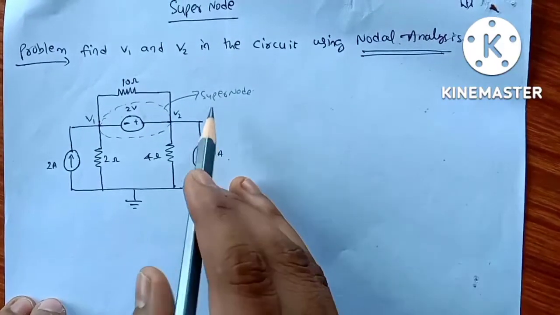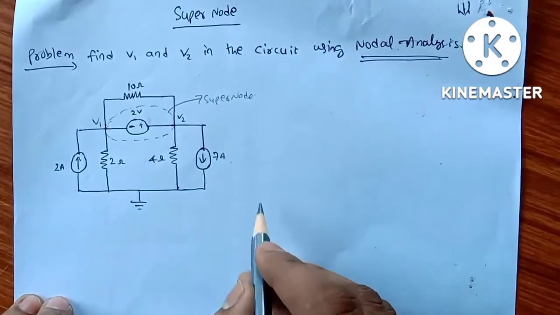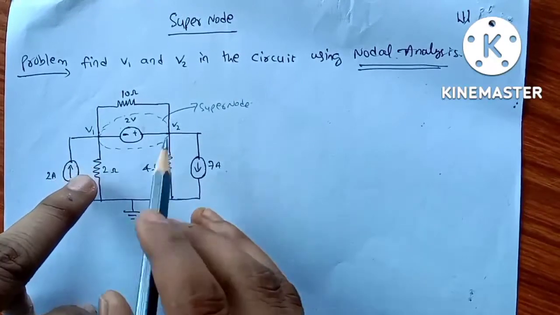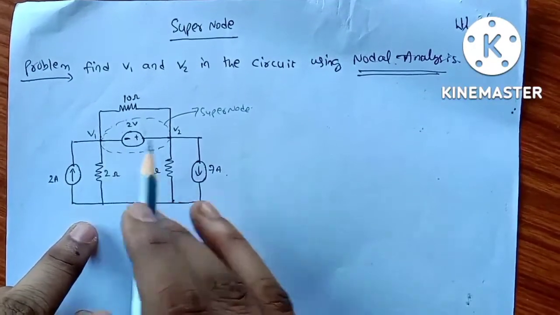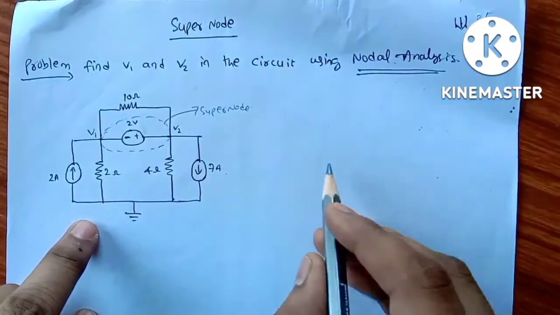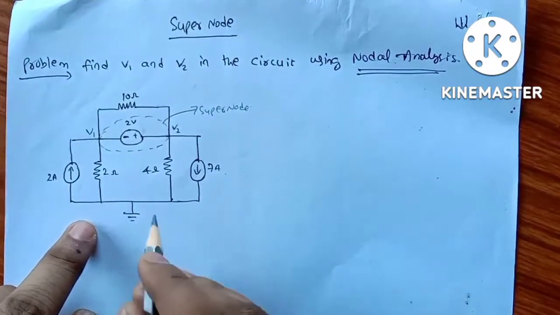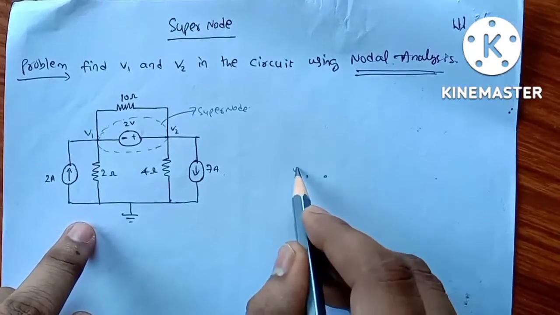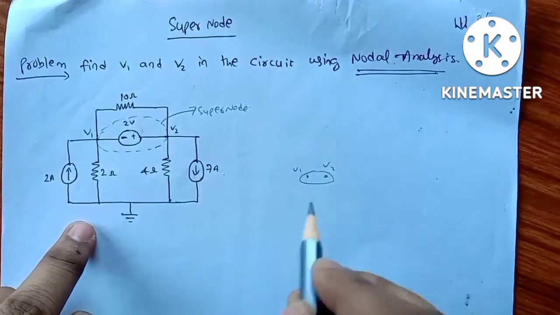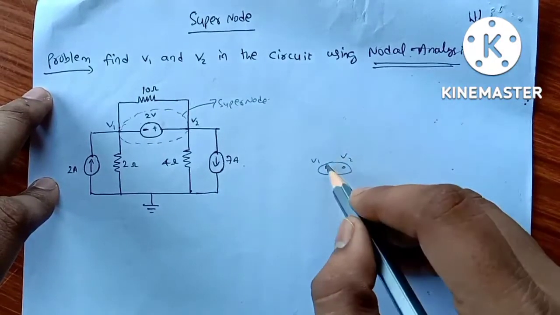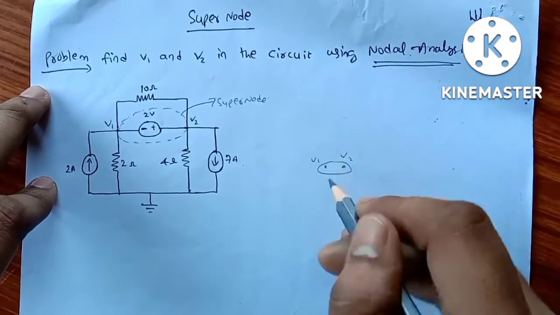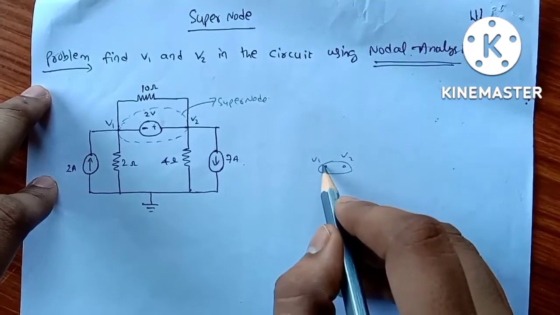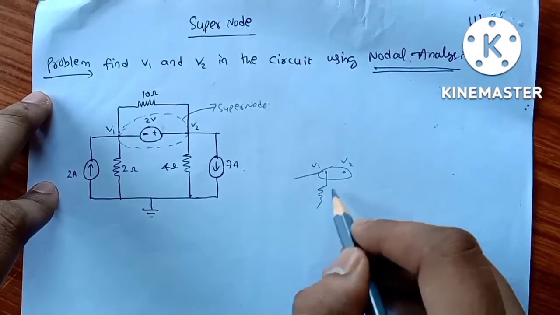Here this supernode is named, with V1 and V2 taken as a single node, such that we are tying V1 and V2 together and writing the equations. If we draw the circuit from here, it looks like this.